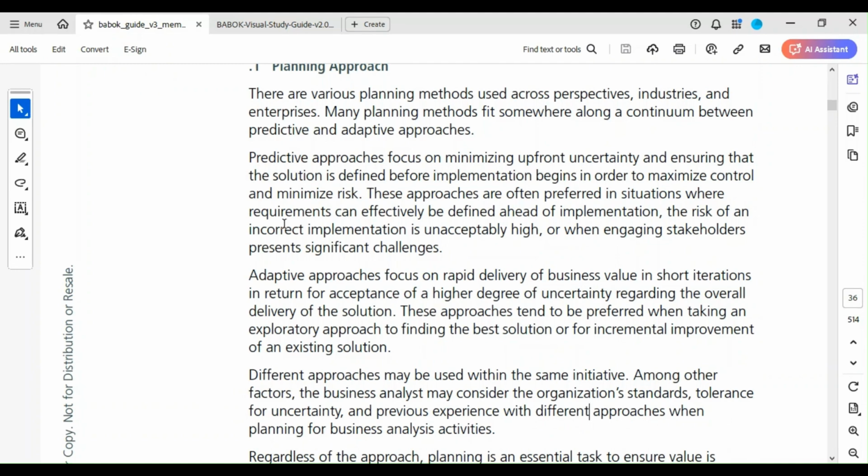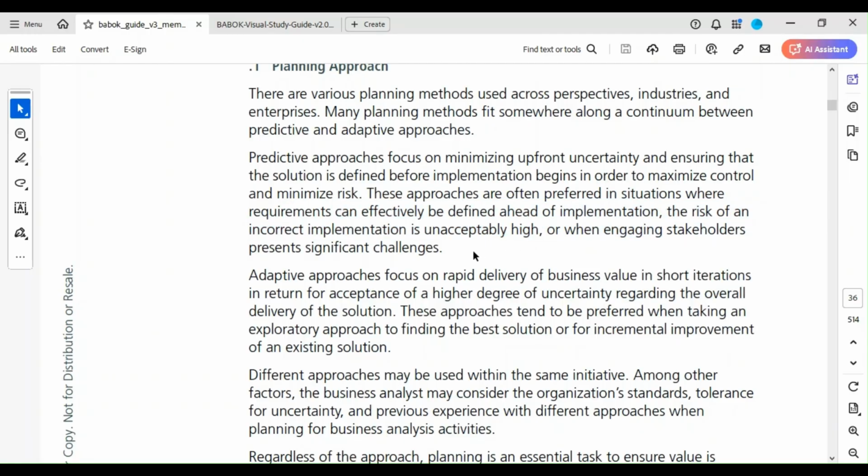So these approaches are often preferred in situations where requirements can effectively be defined ahead of implementation, the risk of an incorrect implementation is unacceptably high, or when engaging stakeholders presents significant challenges.